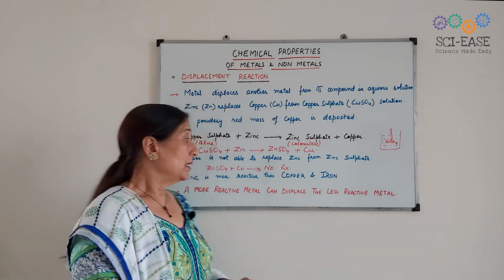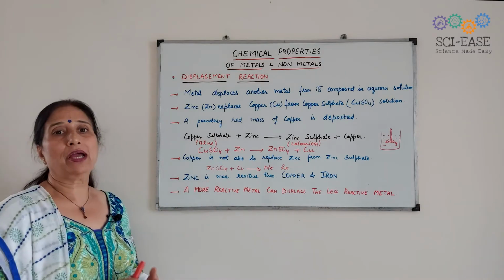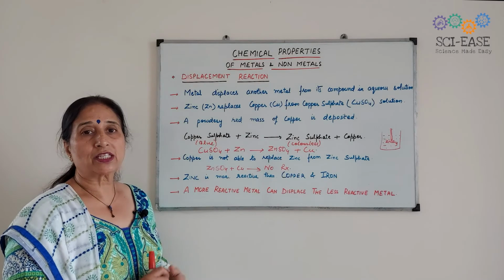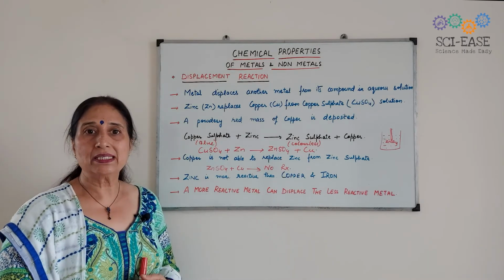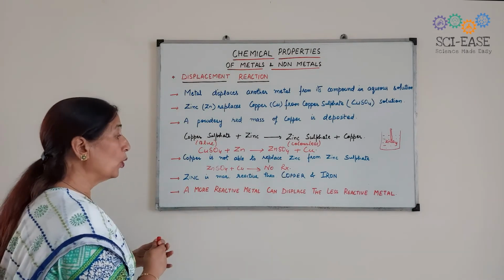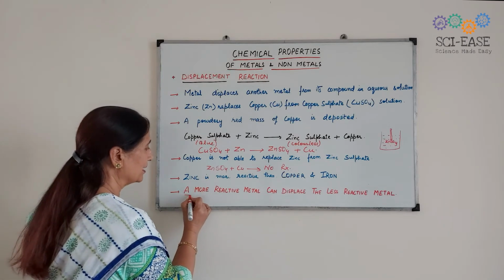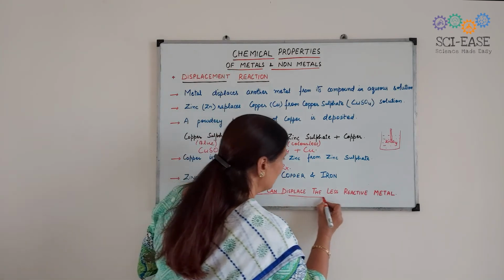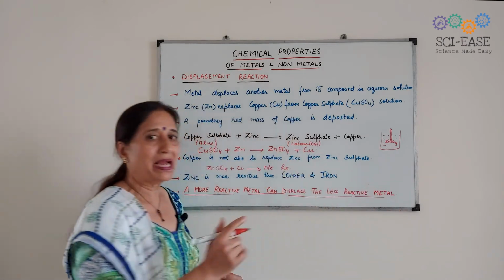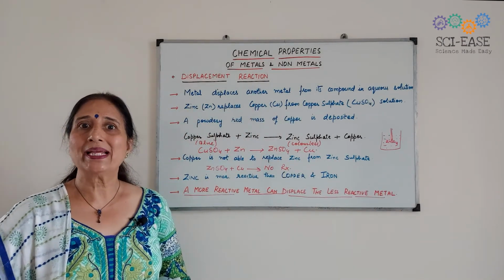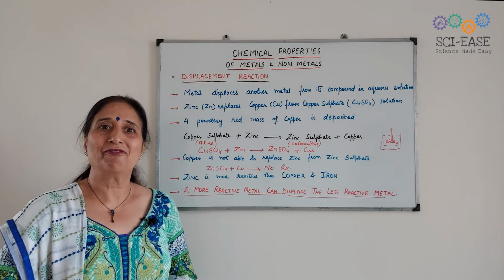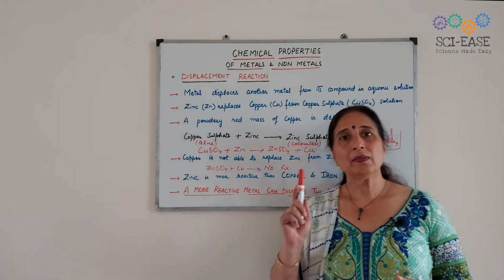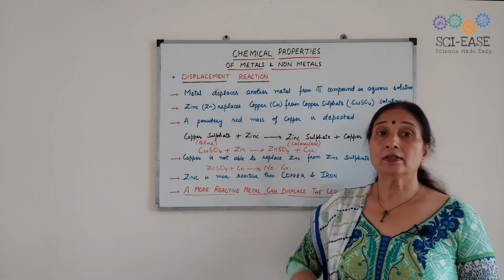Now, what conclusion have you drawn from all these experiments or setups? A more reactive metal can displace the less reactive metal. A less reactive metal cannot displace the more reactive one. So this is all about the displacement reaction.